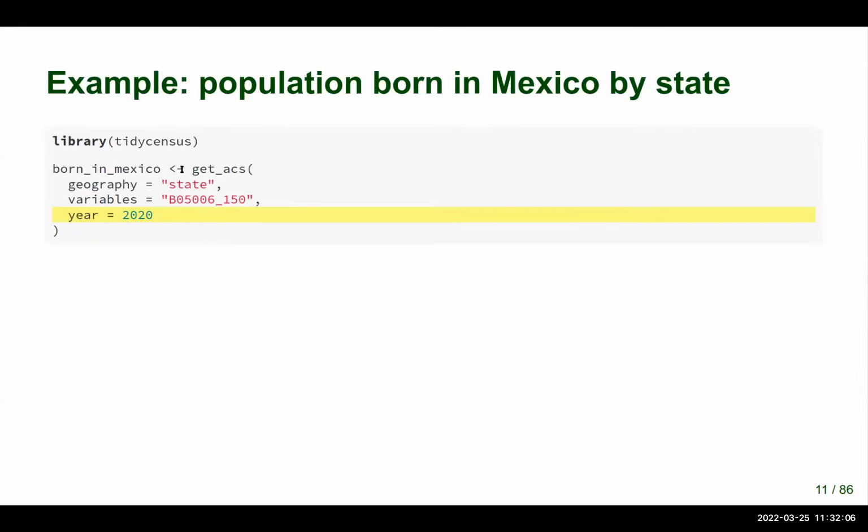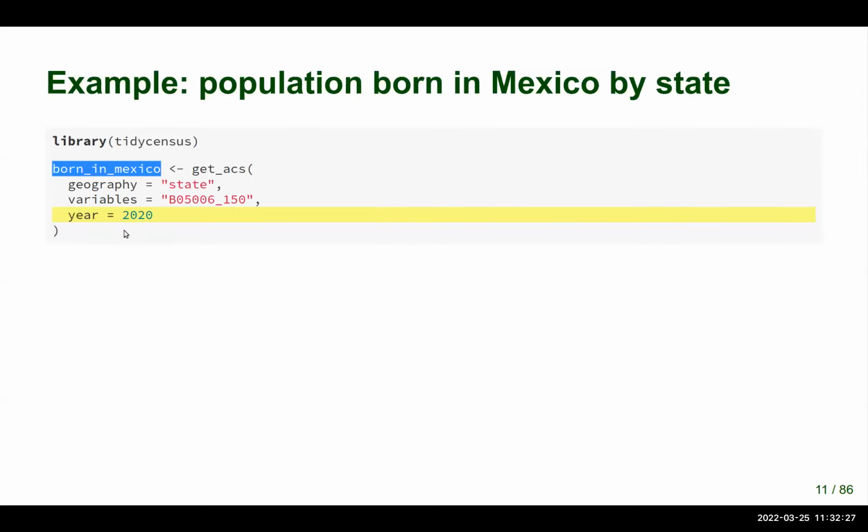If you type get_acs, the first thing you'll do is specify an object name to which you can assign an object.